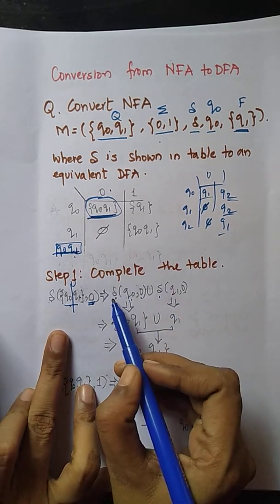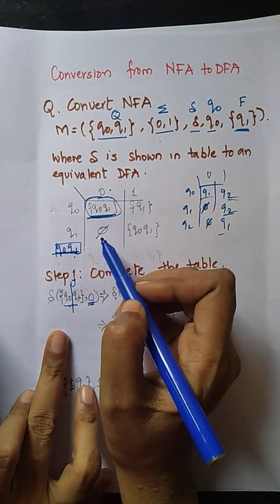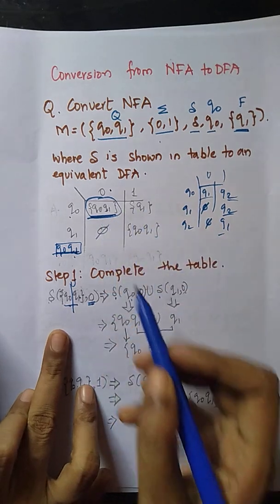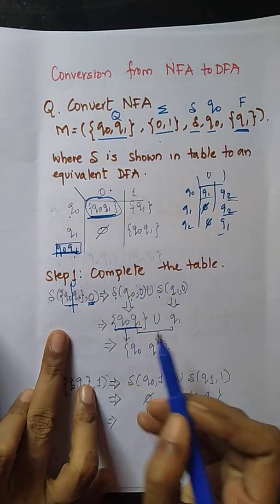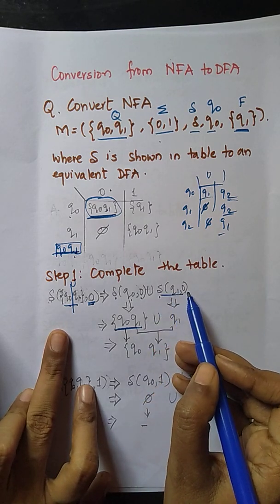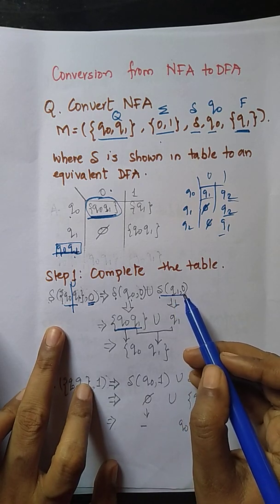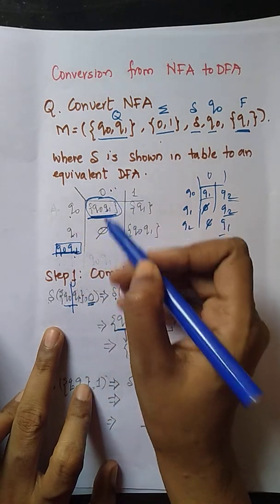So what is the transition of Q0 with the input symbol 0? We have to go and check in the table. Q0 on 0 is going to Q0, Q1. What about the next one, the transition of Q1 on 0? In the transition table, Q1 with input 0, what is the reachable state?